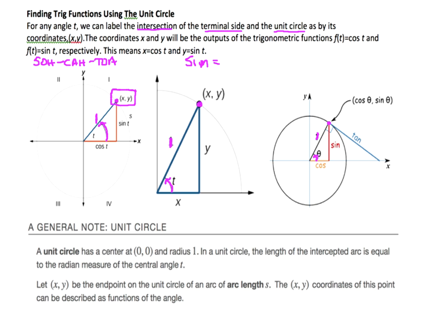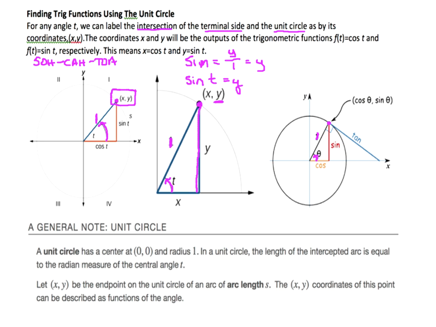Well, in all 3 of these pictures, our opposite side is that y value. It's the length of that side of the triangle, which is going to take us up vertically to that y value. So sine is equal to opposite over hypotenuse. So what we get here is that the sine of that angle t or angle theta is your y value.